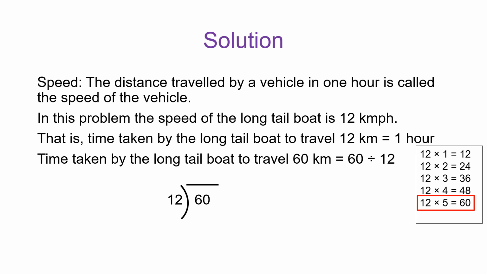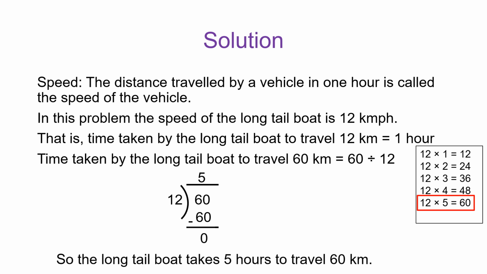We have to continue the table till we reach 60 as the product. Now 12 fives are 60. 60 minus 60, that is 0. So the long tail boat takes 5 hours to travel 60 kilometers.